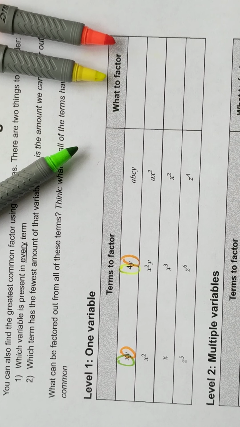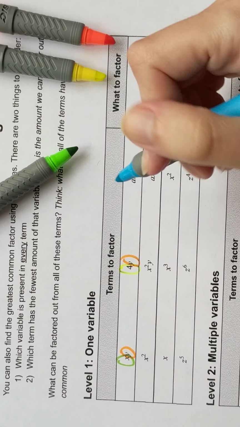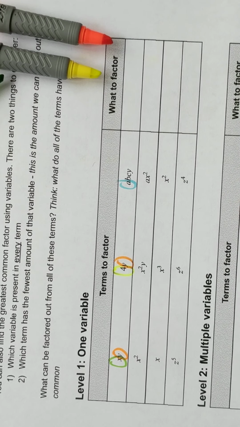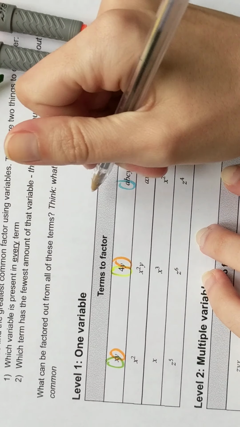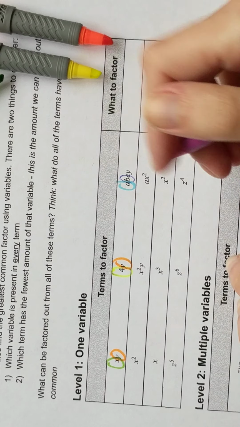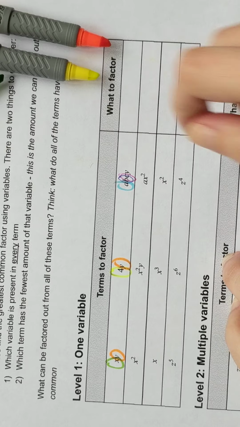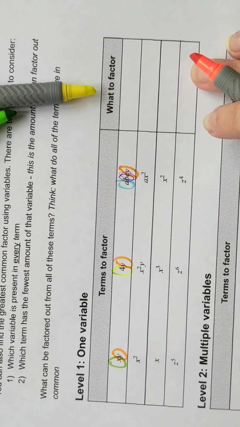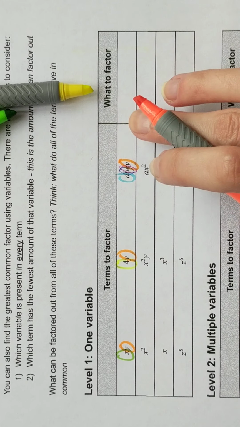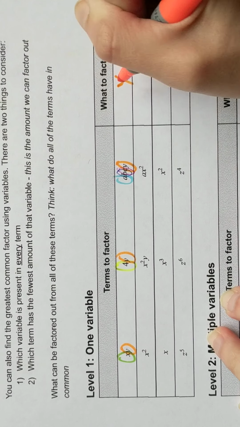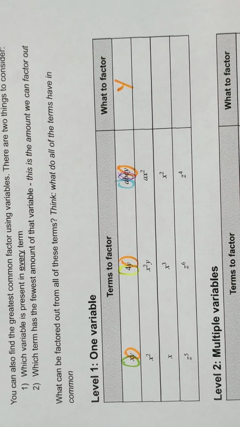Now I have an A, B, C. We'll do A in blue. We'll do B in dark blue. We'll do C in fuchsia. And then I have a Y in orange. So you can see that the only thing that these three terms have in common is a Y. So I'm going to go ahead and say that we can factor out the Y.